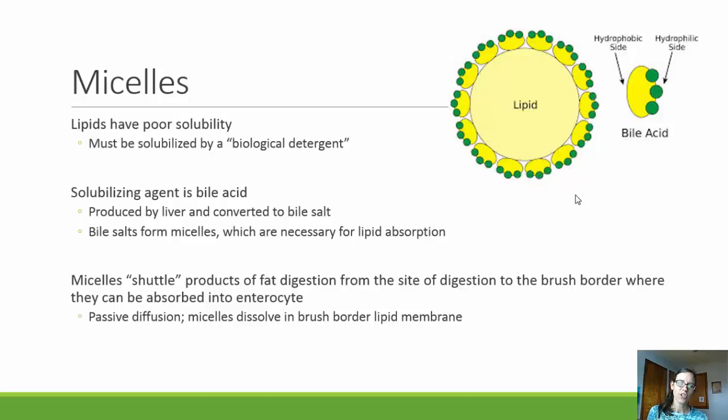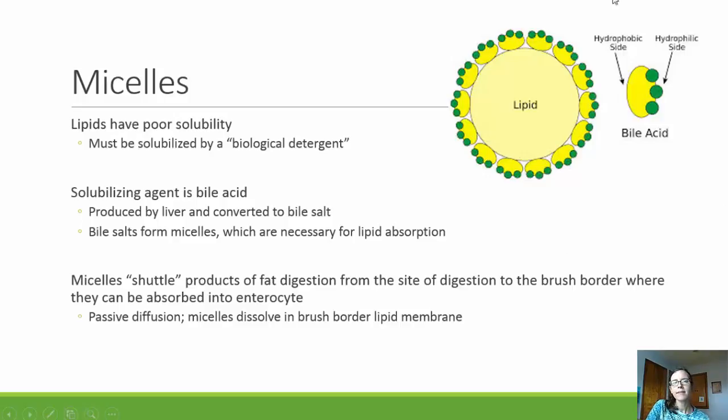What the micelles do is they shuttle products of fat digestion from the lumen to the brush border where they can be absorbed into the enterocyte. Really, these fatty acids and other fat products and molecules cannot be absorbed into the enterocyte unless they are part of this micelle.